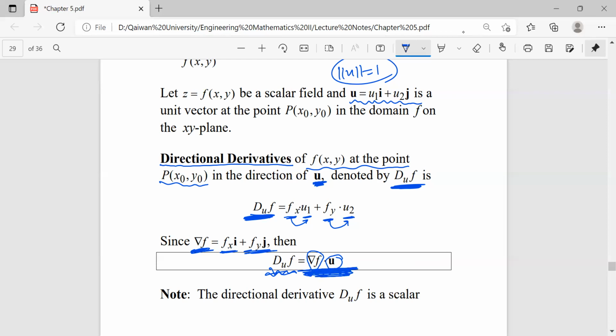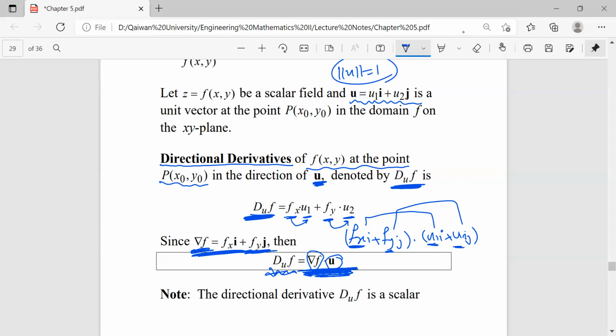As you see here, the gradient vector is f sub x i plus f sub y j. And we find the dot product of this with u1i plus u2j. The dot product of two vectors is the multiplication of i with i components plus j with j components. That means we get f sub x times u1 plus f sub y times u2.